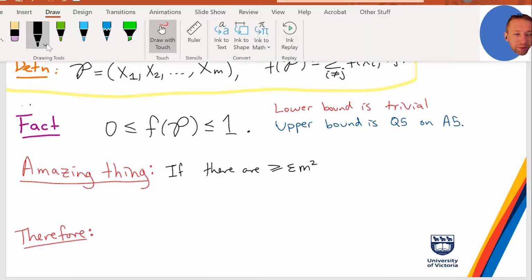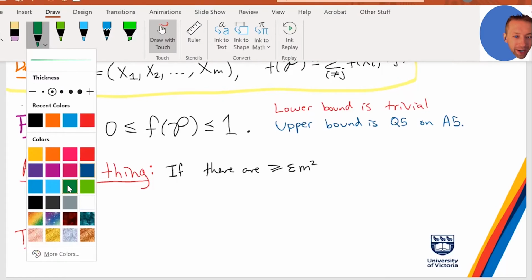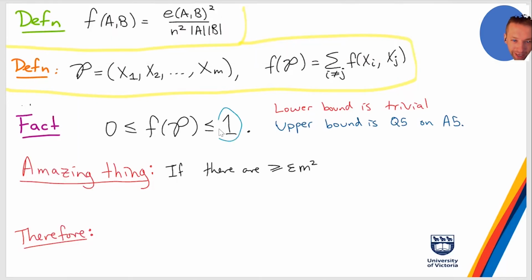When I was writing the notes, I wasn't too careful about this. Someone has already pointed out that you might be able to replace this with a 1/2. So what I'm writing here is still true, that it's at most 1, but it's also perhaps at most 1/2, but you don't have to prove that if you don't want to.